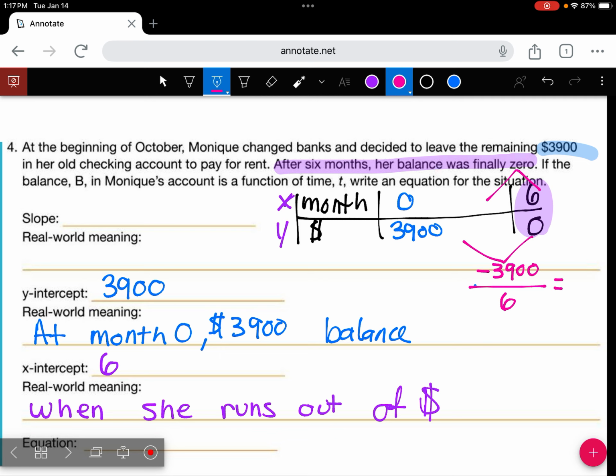So how much did she spend each month? $650. Is it going to be a positive $650 or a negative $650? Negative. Because she starts with some money and then she's spending it. She's spending her money as time goes on.